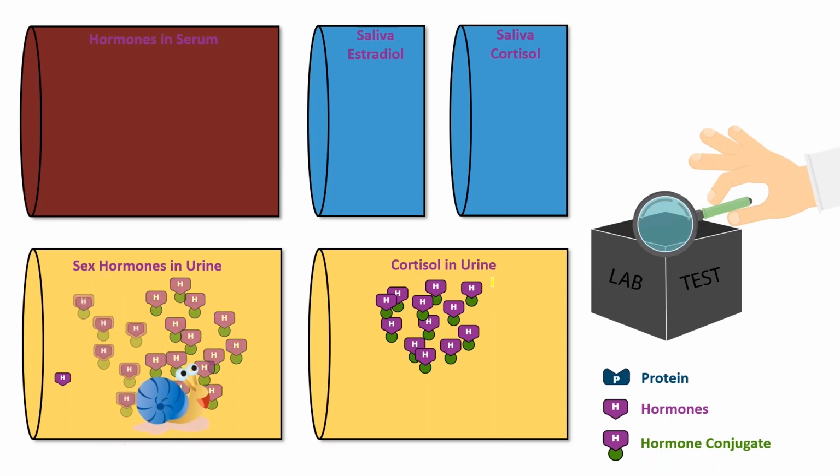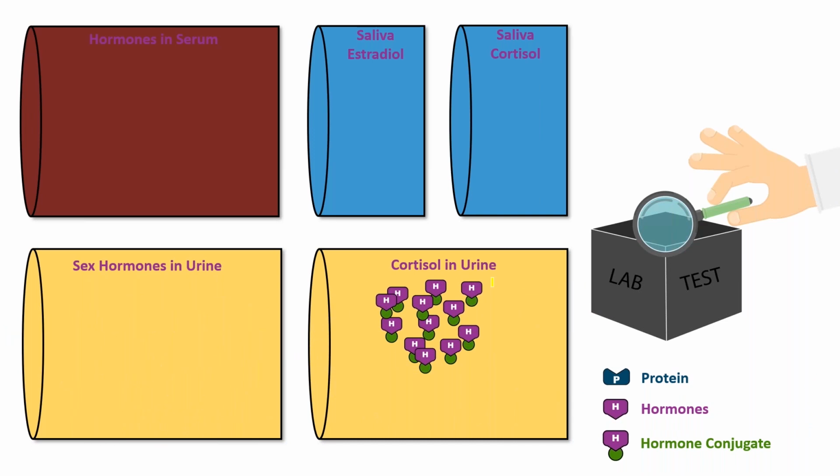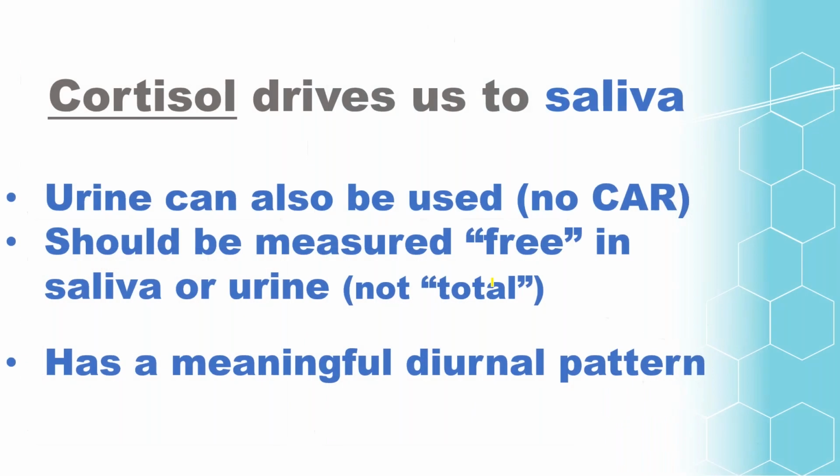The product from the snail removes those conjugate groups, leaving the hormone in its original form, the free hormone, after that treatment in the lab. And then that is what the lab test is actually measuring, which is, again, a good reflection of bioavailable hormone or systemic hormone.